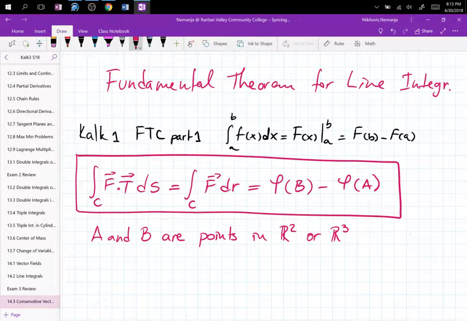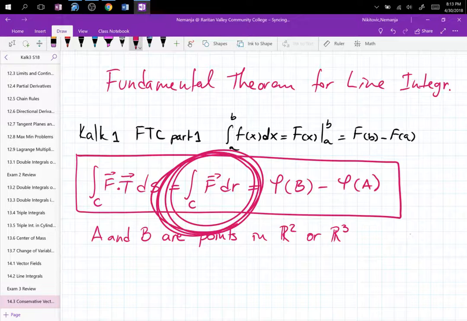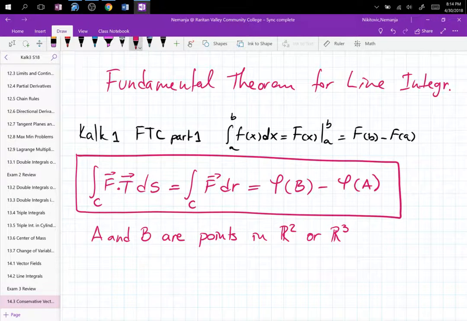That was in 14.2, how to compute the line integral over the vector field. What this is telling me is: figure out the potential function if F is conservative. And then, instead of doing all of the stuff for line integrals, just do a simple subtraction.